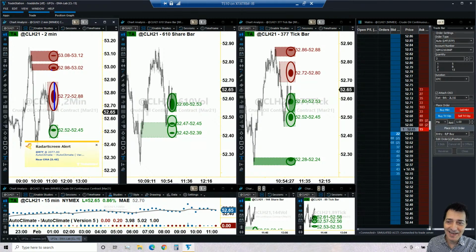I'm just saying that if we were to use that UFO for the entry, you would envision the entry on one side of the UFO and the stop on the other side. Therefore, the vertical distance that the UFO represents is your risk. In other words, a thin UFO carries less risk compared to a large UFO like the one we have here.